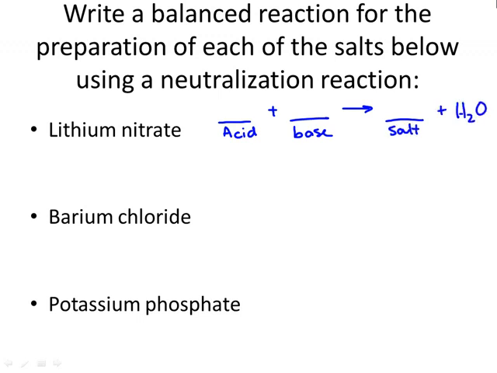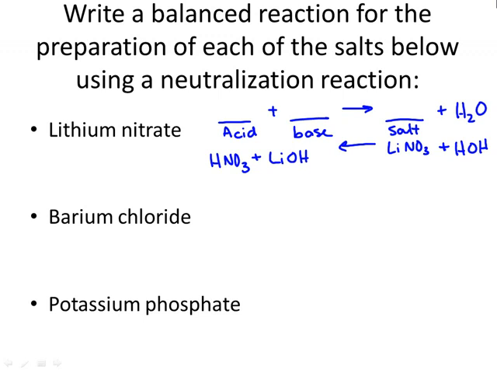And in this first one, it says my salt is lithium nitrate. So I just do a double replacement reaction backwards, thinking about water as HOH. So I end up with HNO3 plus lithium hydroxide.